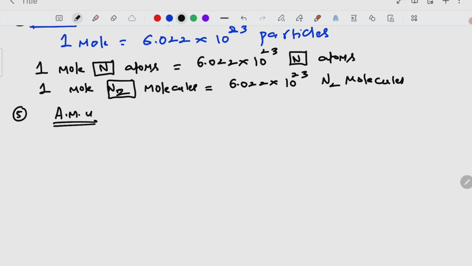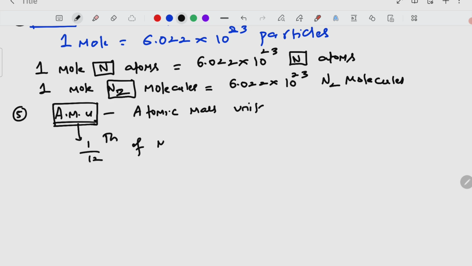AMU means atomic mass unit. What is AMU here? It is equal to 1/12 of the mass of an atom of carbon 12 isotope.